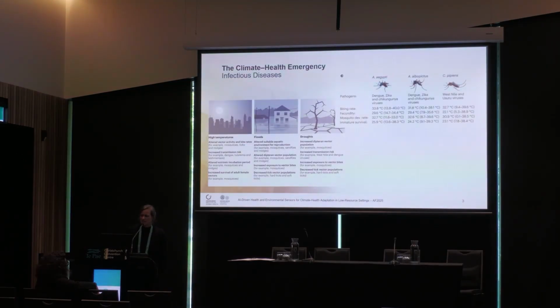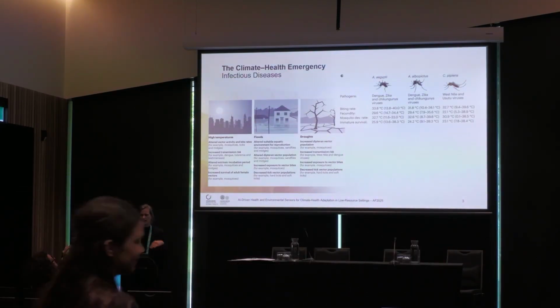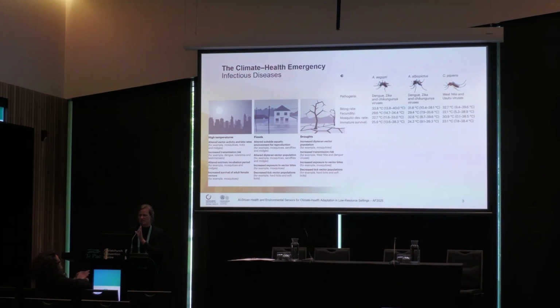Just to give you a little bit of background, for example, on the mosquito, why this is related to climate change: particularly climate change impacts like high temperatures, flooding, droughts create beneficial or preferential environments for mosquitoes to thrive. Different mosquitoes have temperatures where they thrive.